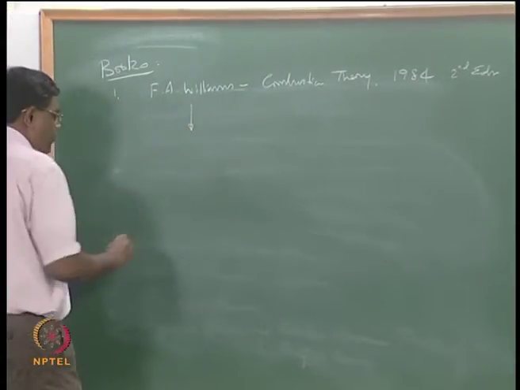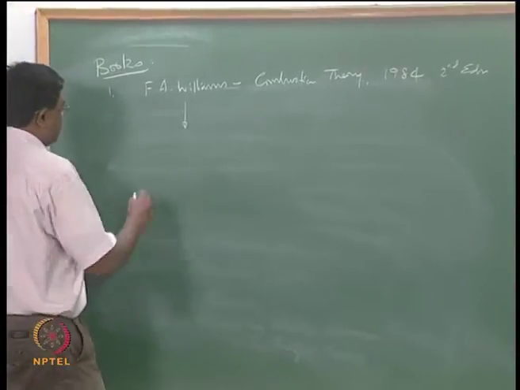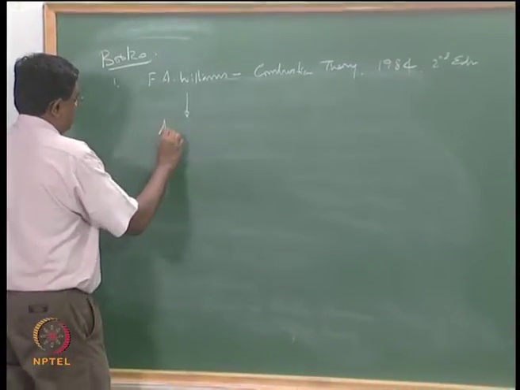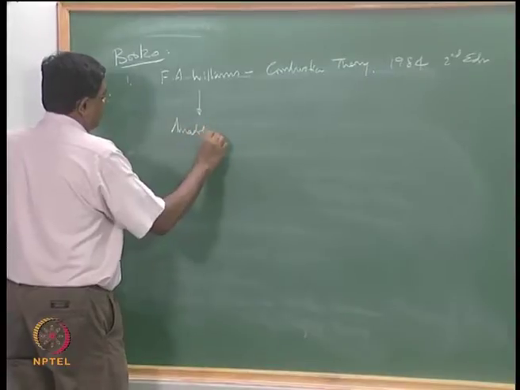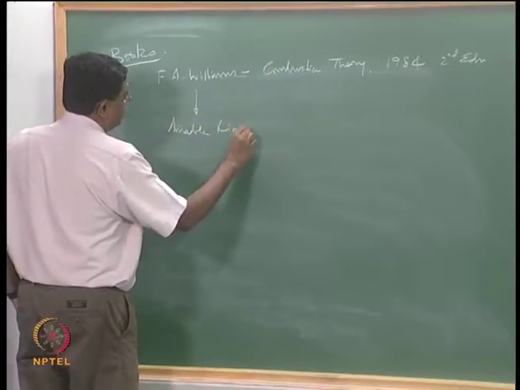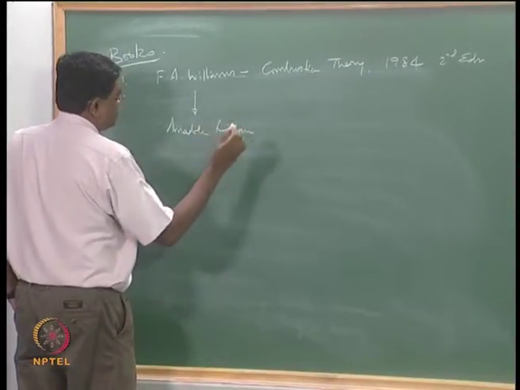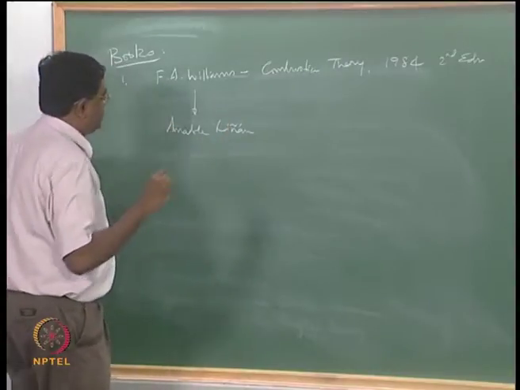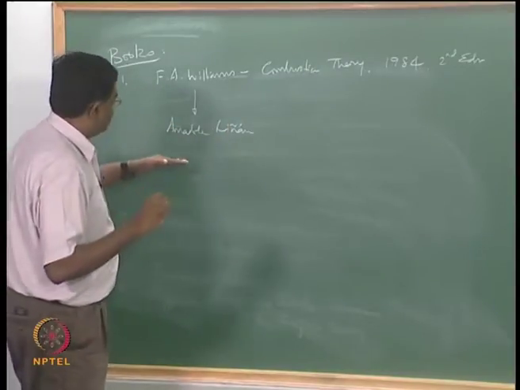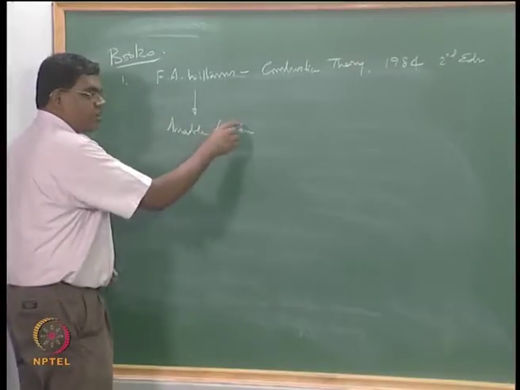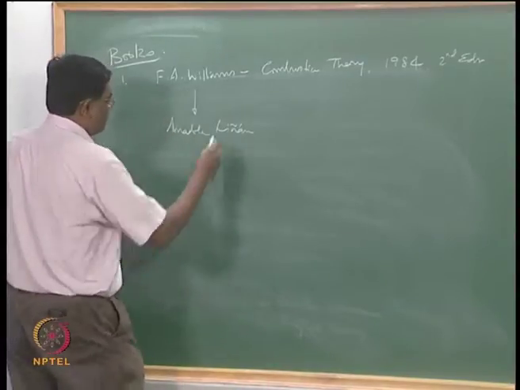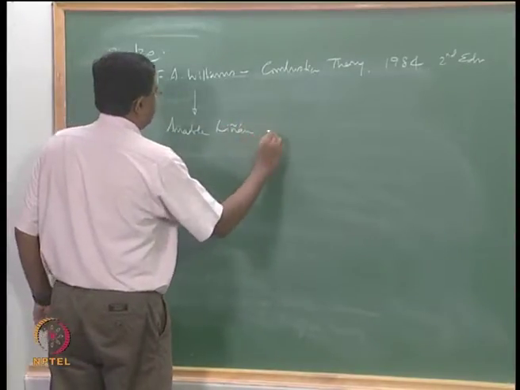A derivative, smaller book was also written by Liñán and F.A. Williams. It's a Spanish name, so you have to pronounce it, I guess, as Liñán, with the tilde on the n and the accent on the a.